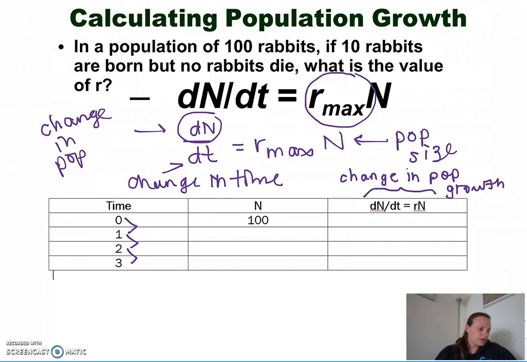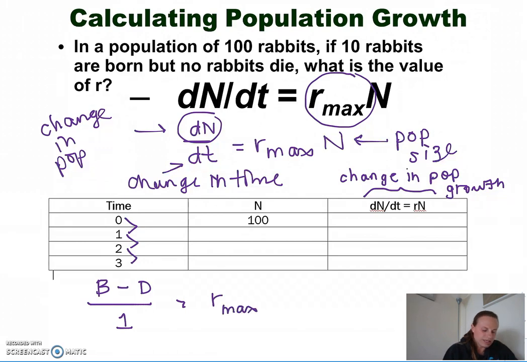So let's solve this equation. So delta N is the change in population, which is represented by the birth rate minus the death rate. Our change in time is 1. We're looking for r, that's what we're solving for.